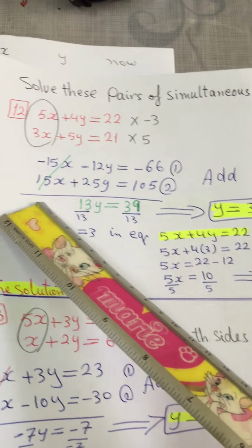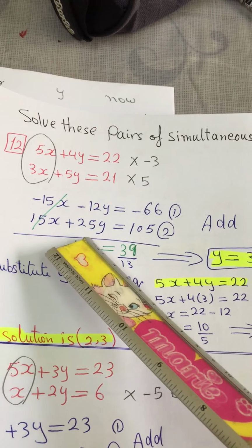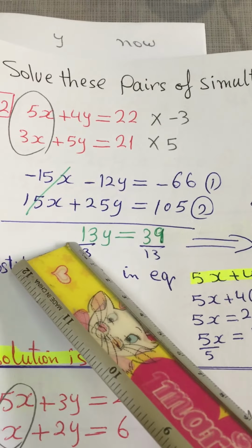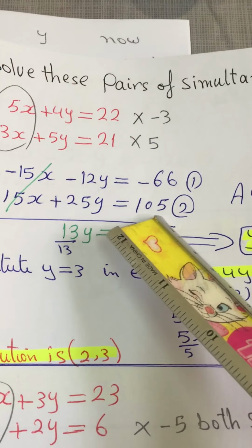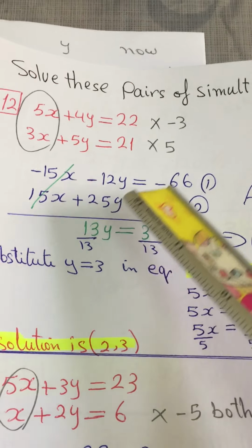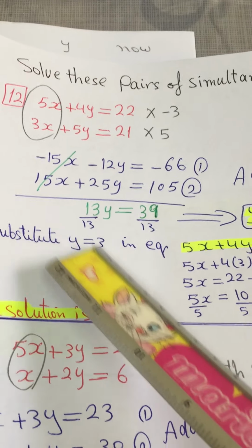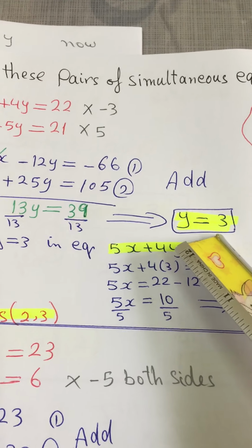Then add to eliminate the x's. It gives me 0. And for y, we have 25 positive and 12 negative, so the answer is 13y equal 39, because I have 105 positive and 66 negative. Take the sign of the bigger and subtract. Divide by 13 both sides, so y equal 3.